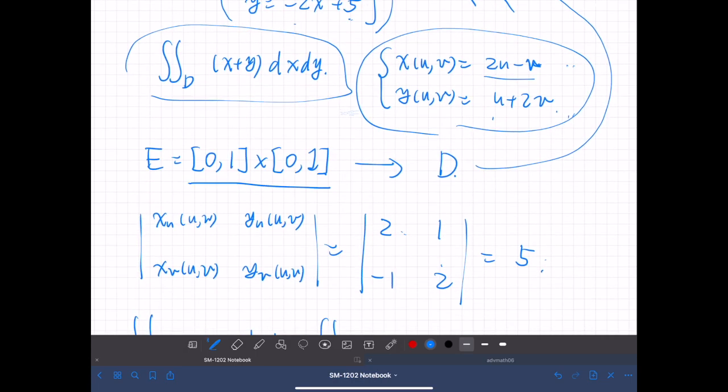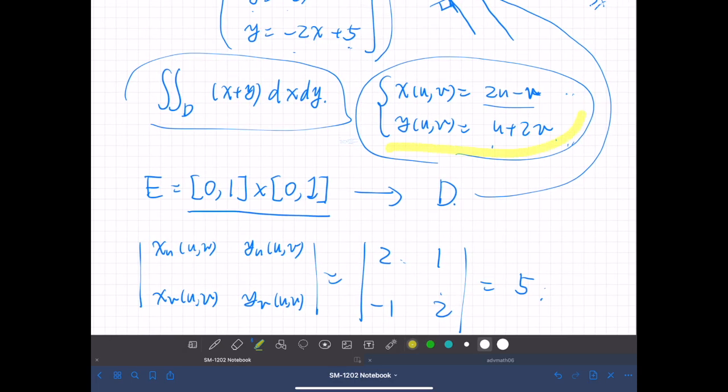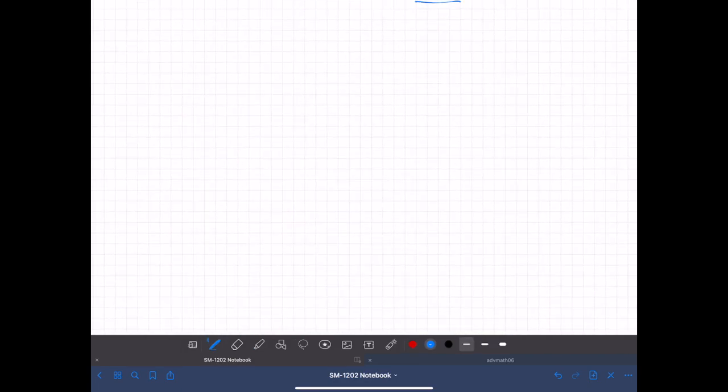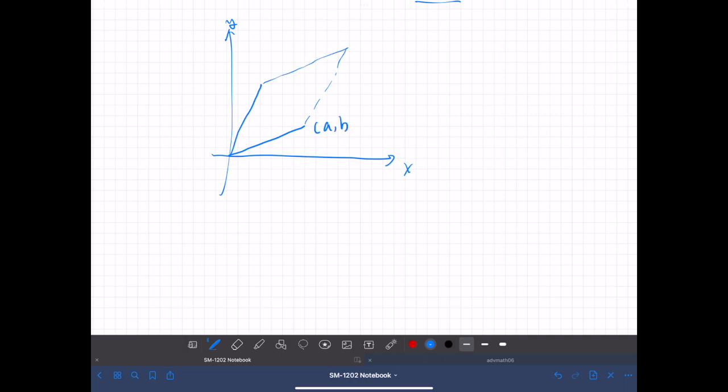So how did we come up with this transformation? And here's the trick. In general, if we have a parallelogram, like let's see, in x and y, like this. So let's say this is (a, b) and this is (c, d) and this is (a plus c, b plus d). And this is the origin.